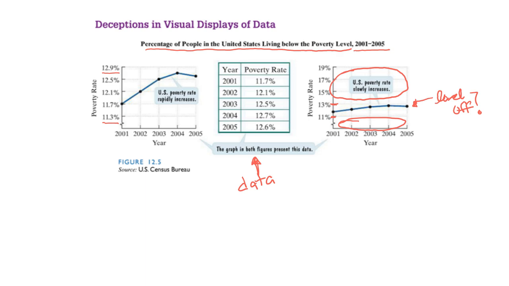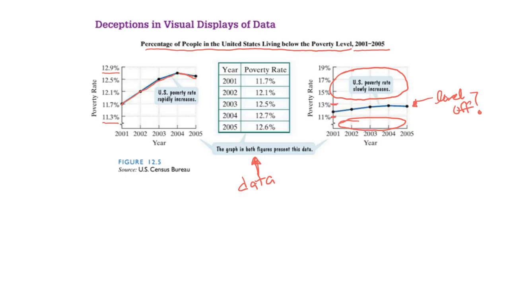And if you take a look at this image here, you can see that in the year 2001, we're at 11.7, and you can see we are steadily increasing for the first 4 years. And then from 2004 to 2005, we decreased just a little bit. All right, so you can see a better depiction of the data set, that there is a very big increase in the poverty rate versus that first graph we looked at, which doesn't look like there's much of a change.